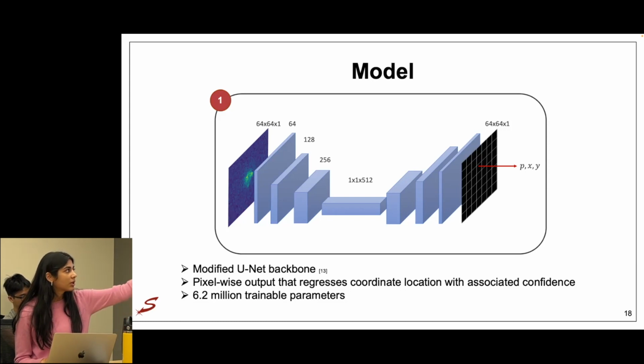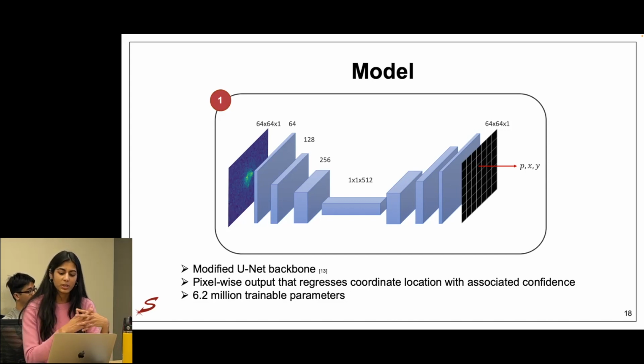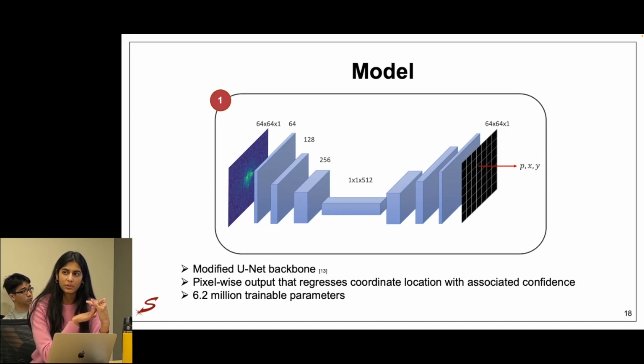And then when we decode and get back to the original input size, we're able to recover some of that spatial information that was lost during downsampling, which allows us to have a little bit more precision with our segmentation, which is important here because our signals are so small. So we need that precision.